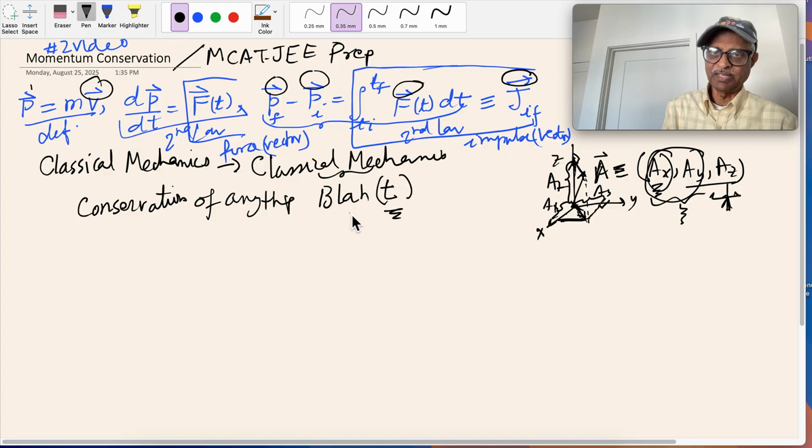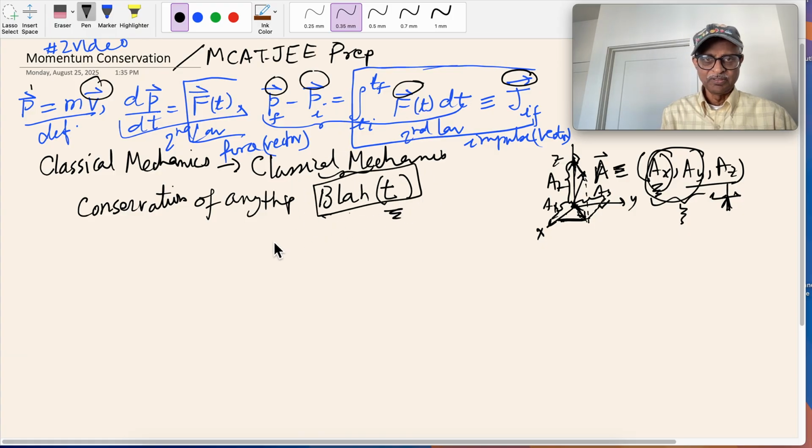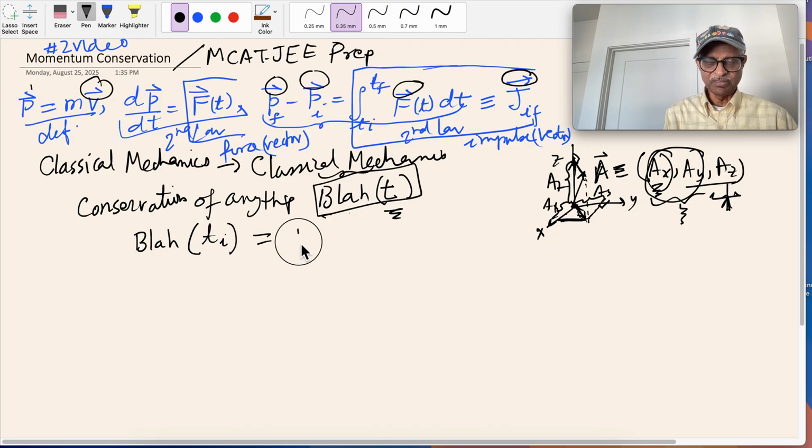Let's think of blah at an instant having some value. Conservation means that blah at some initial instant is the same as blah at a final instant.